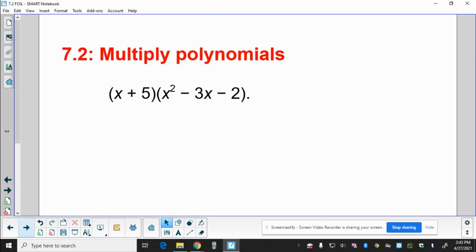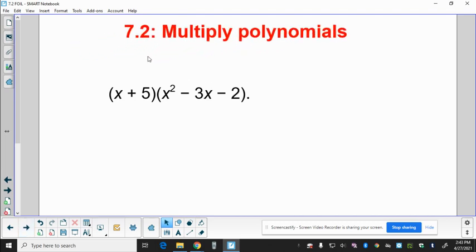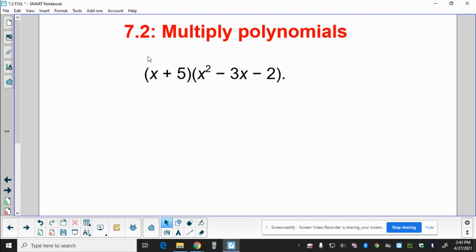What do we do about something like this? Well, now what we have is a little bit bigger problem. You can't really use a FOIL method. You have too many terms. But what we can do is we can go through a double distributive property. Let me show you. All right, so let's take this term and multiply it here.